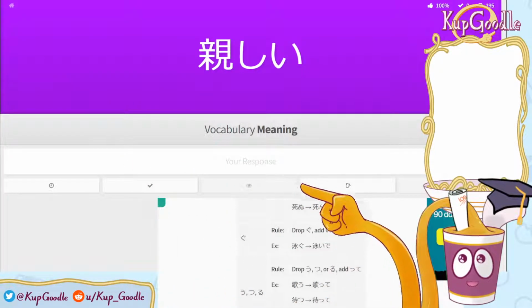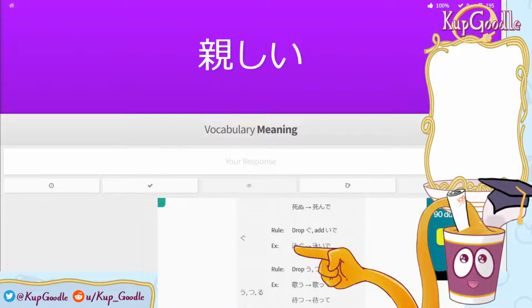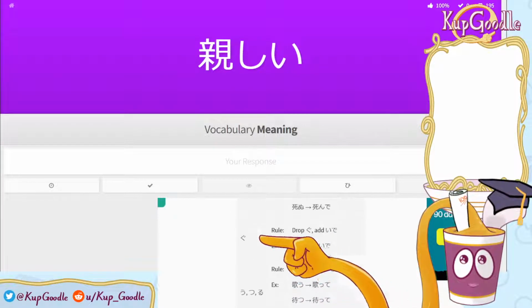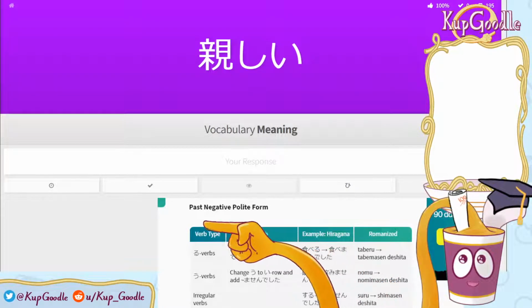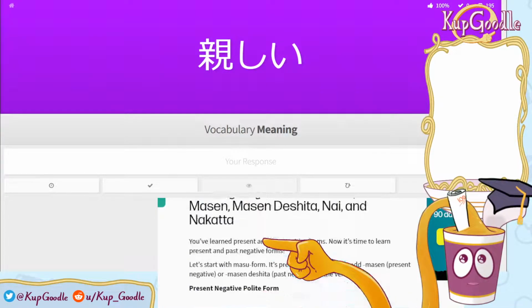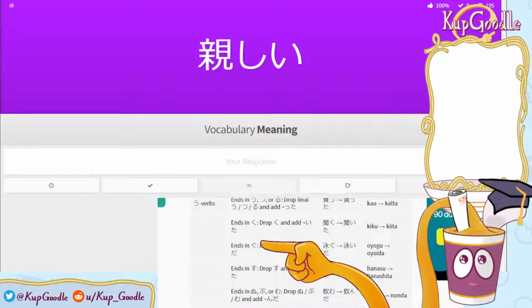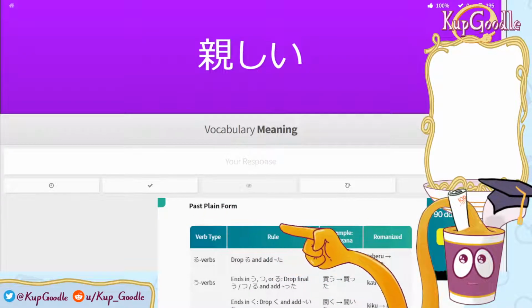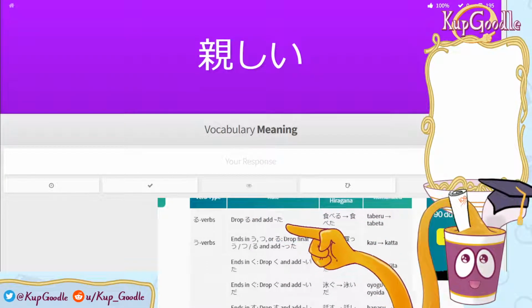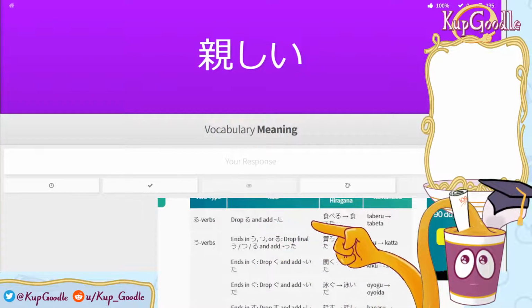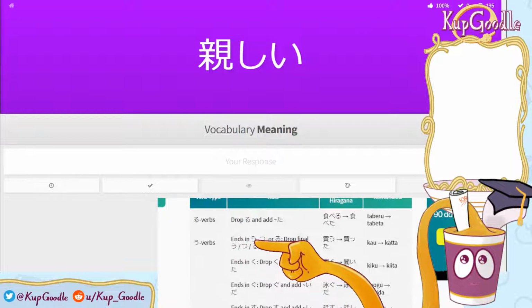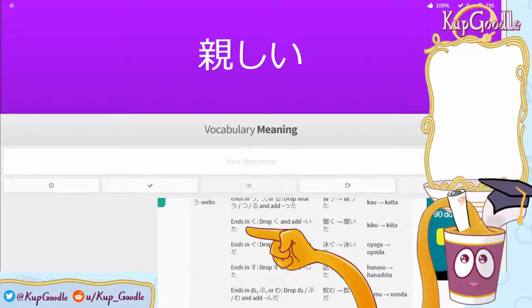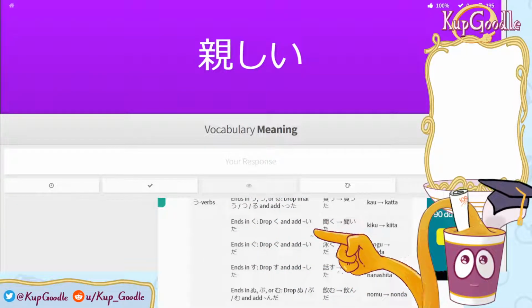All these little changes also match the past tense in plain form. Here is the past plain form, and these are the same godan changes we did before. Ru verbs, just take away the ru and add ta. U verbs, the ku changes to ita.